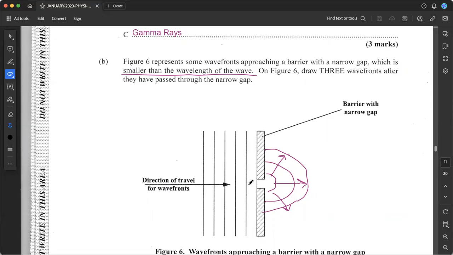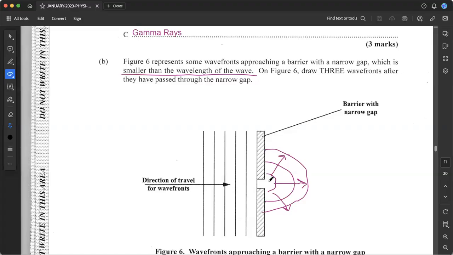So if you have this wavefront approaching this narrow gap, and the wavelength is larger than the gap itself, what you will see is very large diffraction taking place, right? So that wave is going to spread out as it passes through this gap. And so this would be our first wavefront, this would be our second wavefront, and our third wavefront. So we've shown the 3 wavefronts here after they pass through this narrow gap.